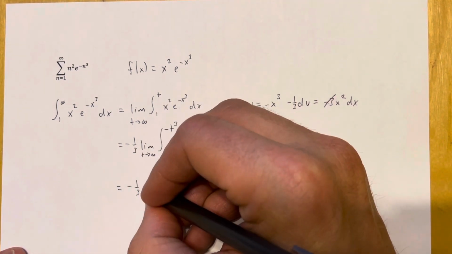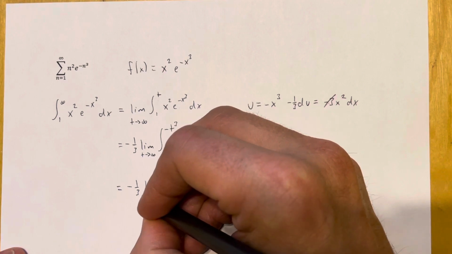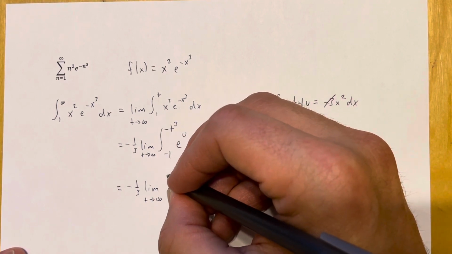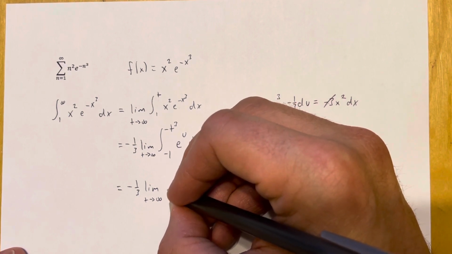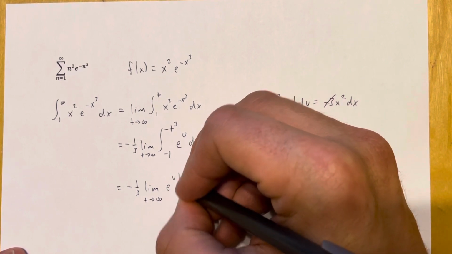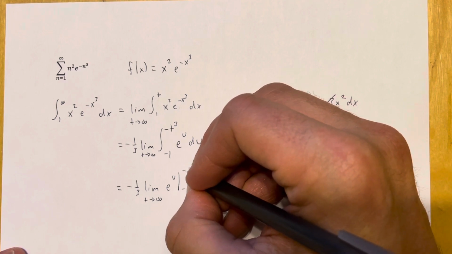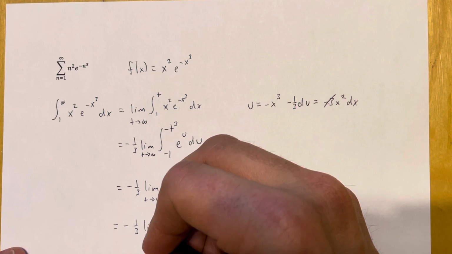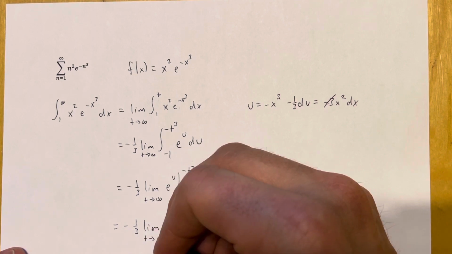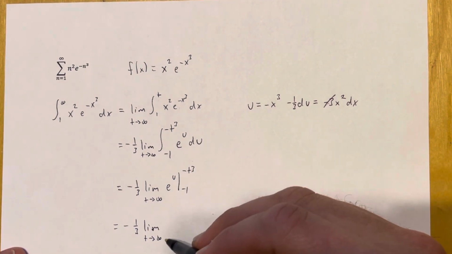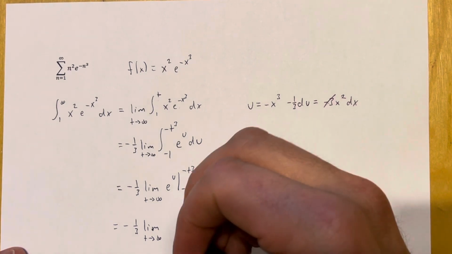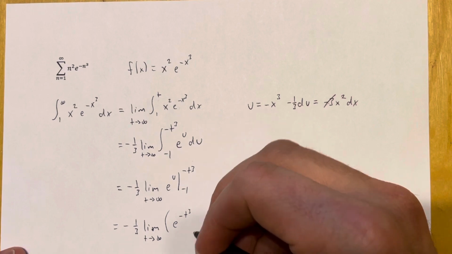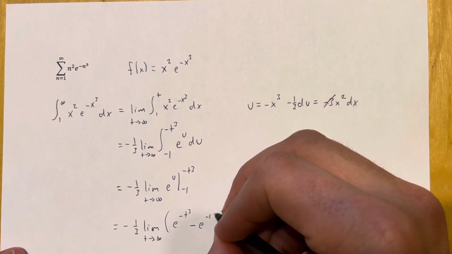The exponential function is its own antiderivative, so we can say this is equal to negative 1/3 times the limit as t goes to infinity of e to the u from negative 1 to negative t cubed, which is negative 1/3 times the limit as t goes to infinity of e to the negative t cubed minus e to the negative 1.